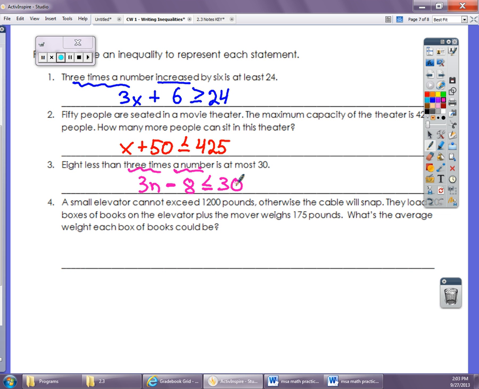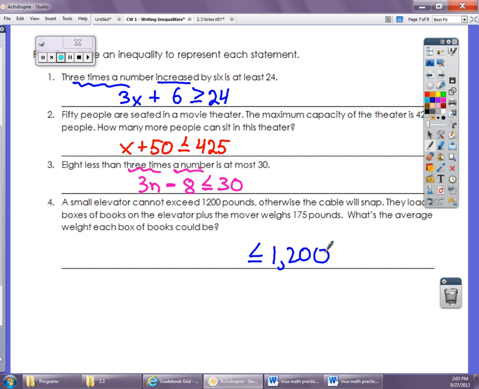A small elevator cannot exceed 1,200 pounds, otherwise the cable will snap. They load 20 boxes of books on the elevator, plus the mover weighs 175 pounds. What's the average weight each box of books could be? Well, for this one, it cannot exceed 1,200 pounds, so it has to be less than or equal to 1,200 pounds.